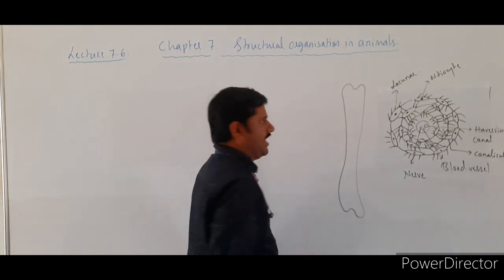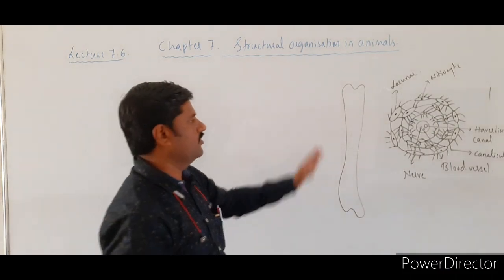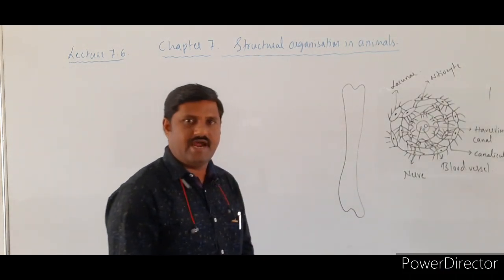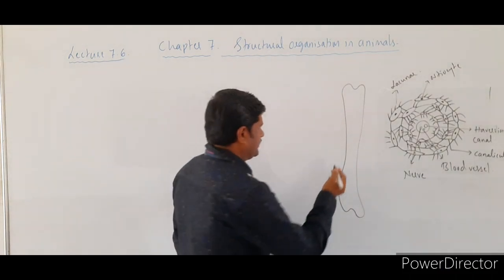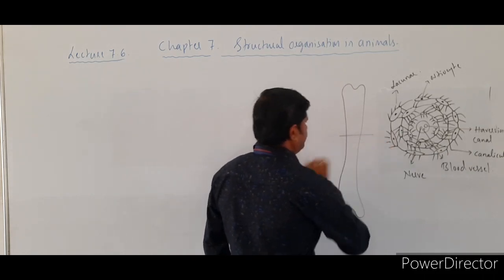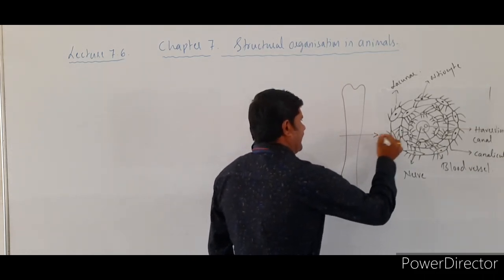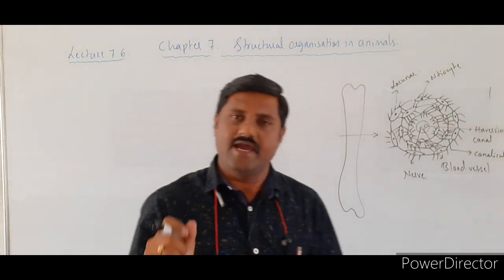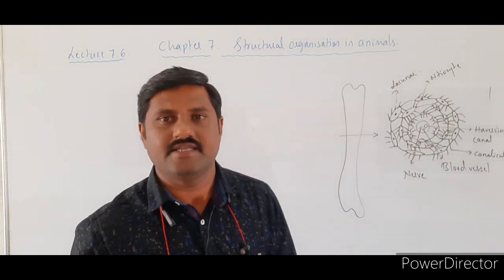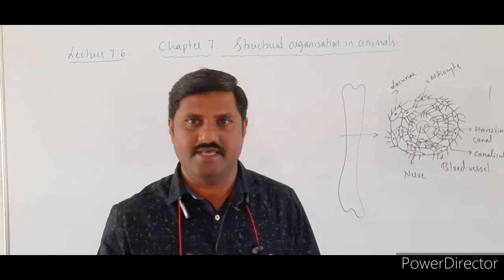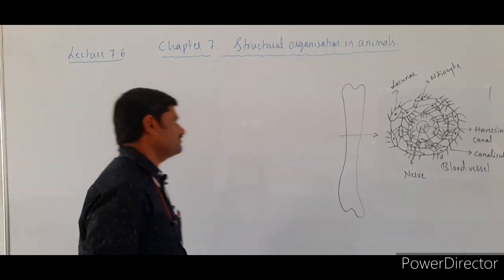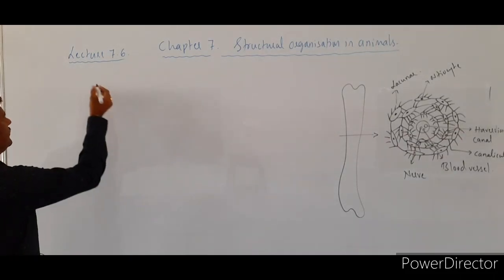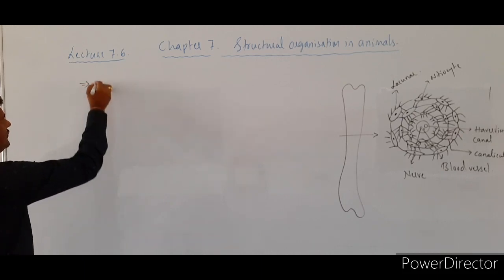So this is our long bone, and when you take a thin cross section of it, you will find these concentric ring-like structures, and they are called Haversian canals or osteons. Okay, so let us start with the Haversian system.